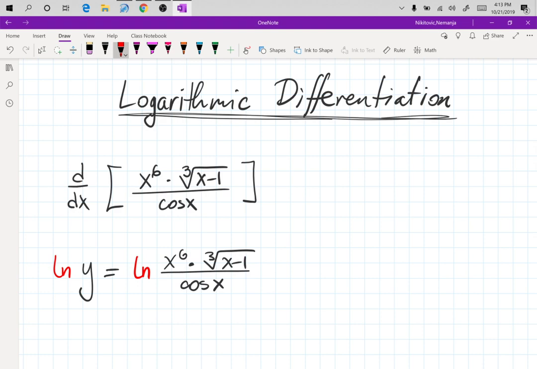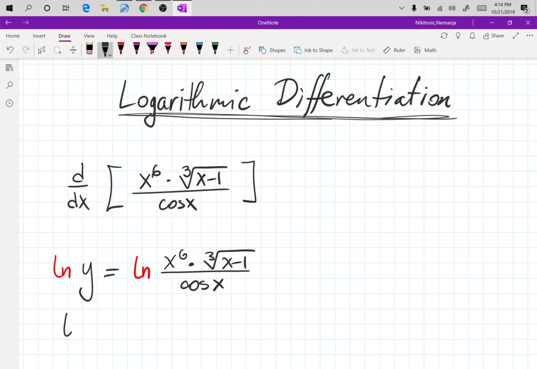You see the right side? It's just one giant mess of product rule and quotient rule and chain rule, right? What happens when you break them all into addition and subtraction? You kill all of those, and you just have addition and subtraction, which is easy to differentiate. So with this method, we are technically killing the product rule, quotient rule, chain rule. We're just killing them all.